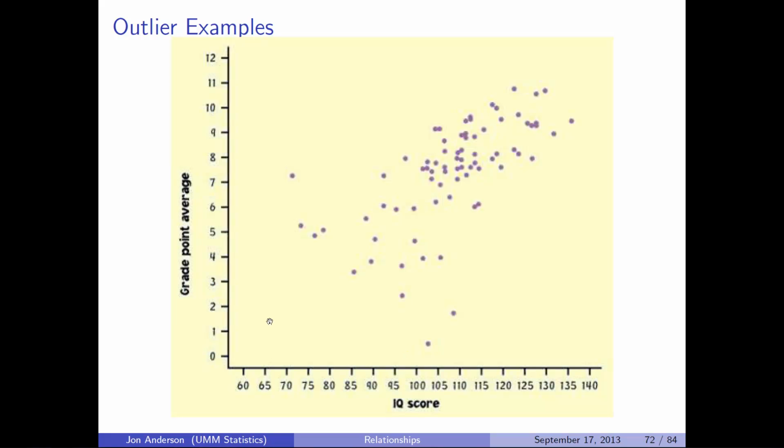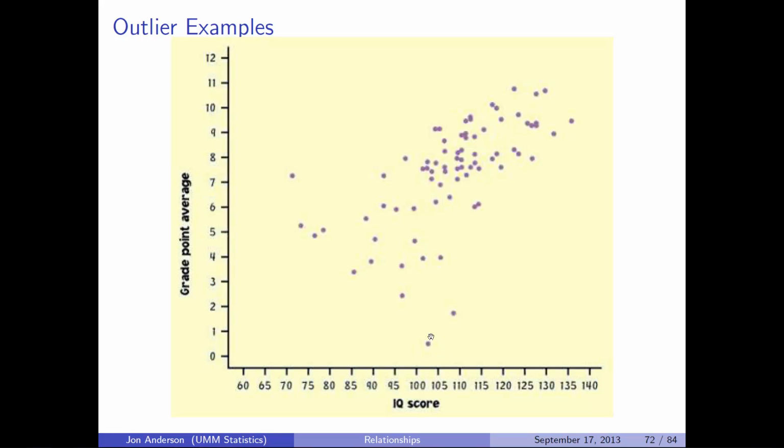Here's another data example where we have college grade point average on an atypical non-standard grade point average scale and the IQ of the student on the horizontal axis. A point right here that I'm circling is a point that has a fairly typical IQ, a little bit over 100.